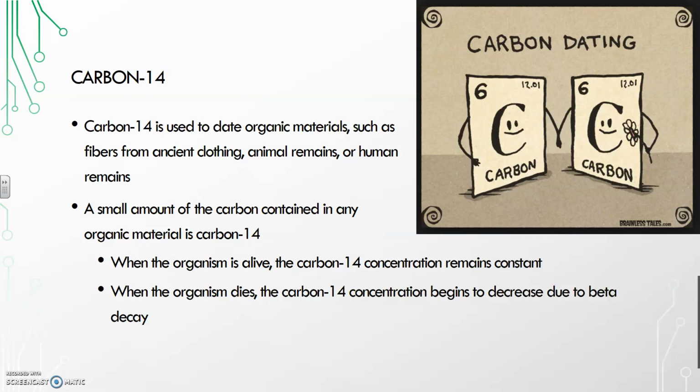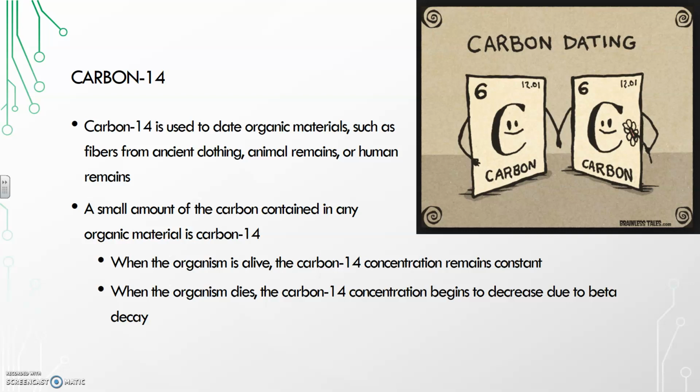You can also, because your carbon-14 concentration remains constant, that is based on the size of the living organism. Because if you have a larger organism, you have more carbon in that organism, so you have more carbon-14. So based on the size of the organism, scientists can calculate how much carbon-14 the organism had while it was living.